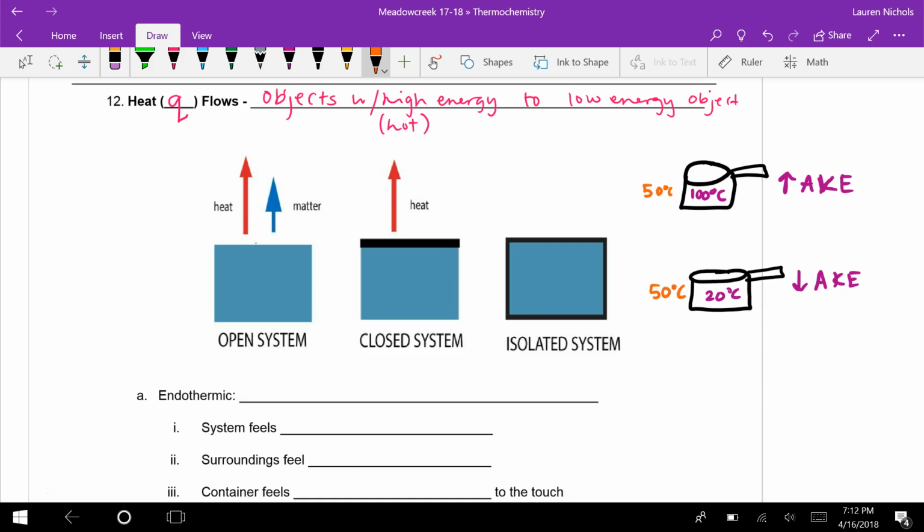And so what we see happen in this transition is there is an increase in average kinetic energy, and a decrease in average kinetic energy over here. And so what that shows us is that the energy that left pot number 1 had to go into pot number 2. So heat, which I'm going to do as a yellow line, flowed from the hot pot to the less hot pot.